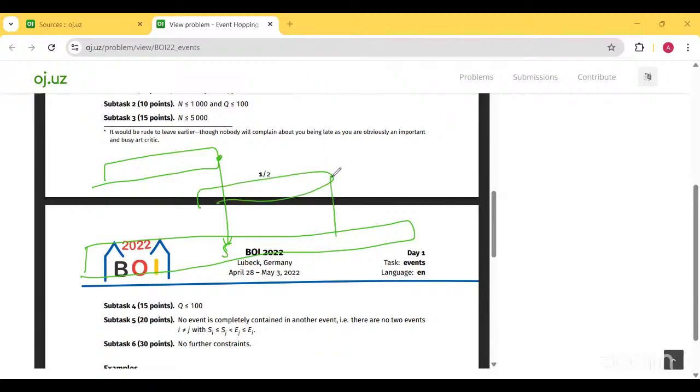For each E, we can update the S, and then just update for every segment. And then just iterate again for each segment. We will take the minimum value around this range. And we got the minimum value.